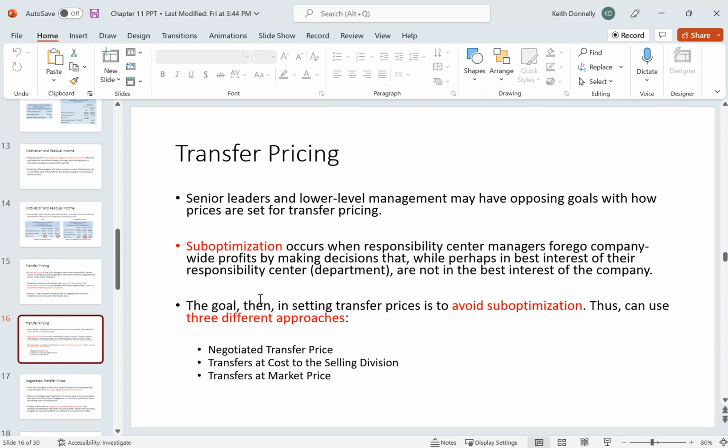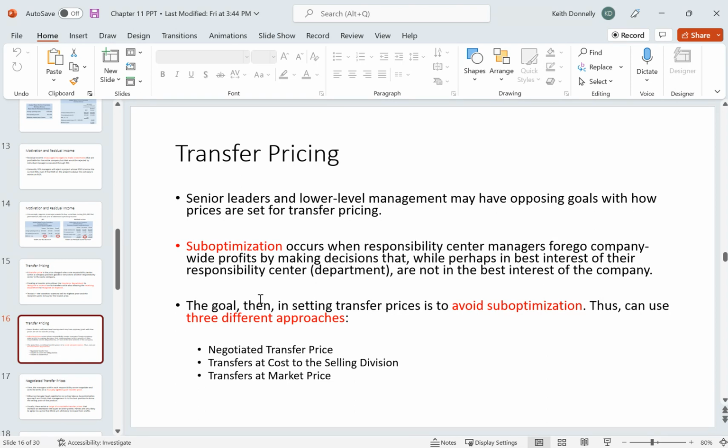So in other words, this would be like rejecting a decision, saying we're not going to do that, it doesn't make sense for us as a department. But when you look at it from a macro level, it would make sense to make that decision for the company as a whole. When a division's self-interests are not in the best interest of the company as a whole, and they act on that, that's called sub-optimization. We want to try to avoid that because, again, we're looking at the company as a whole. We've got to make sure that this continues to run, right?